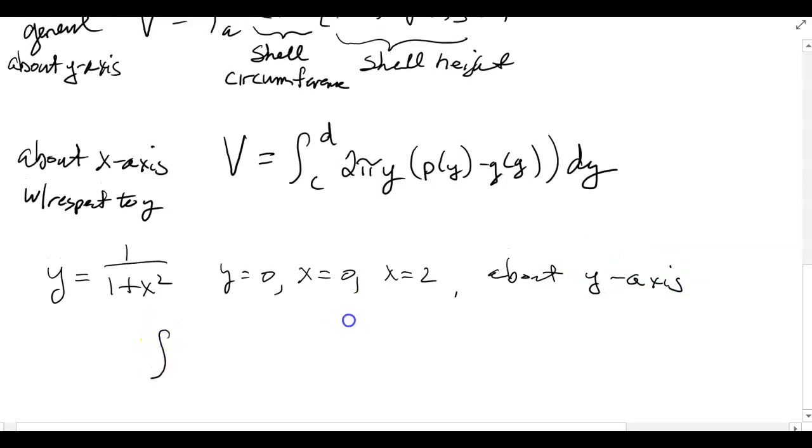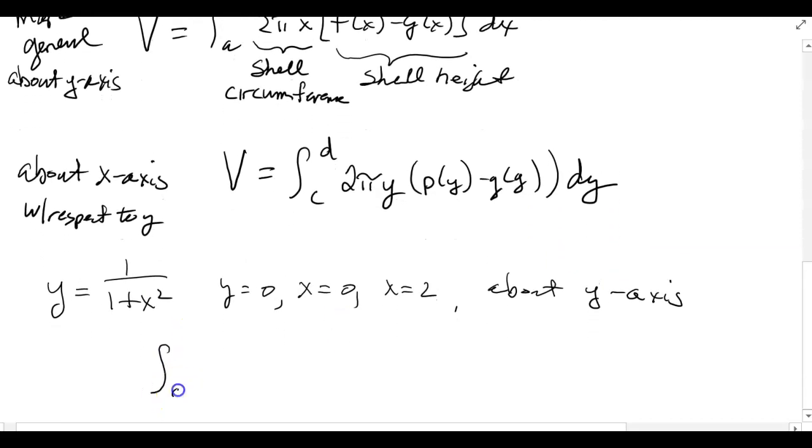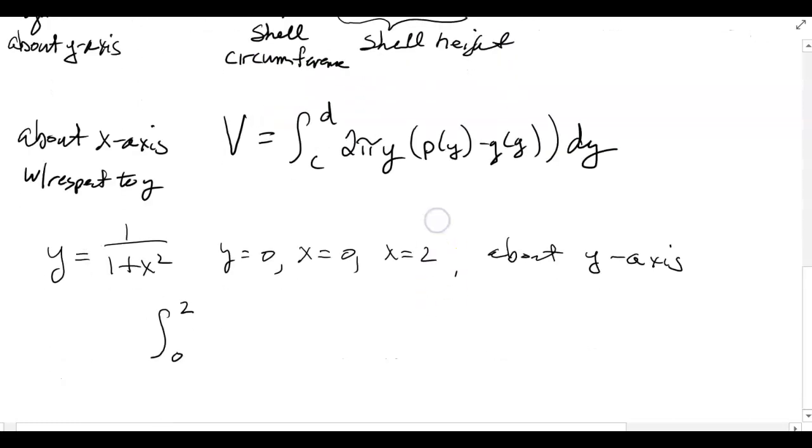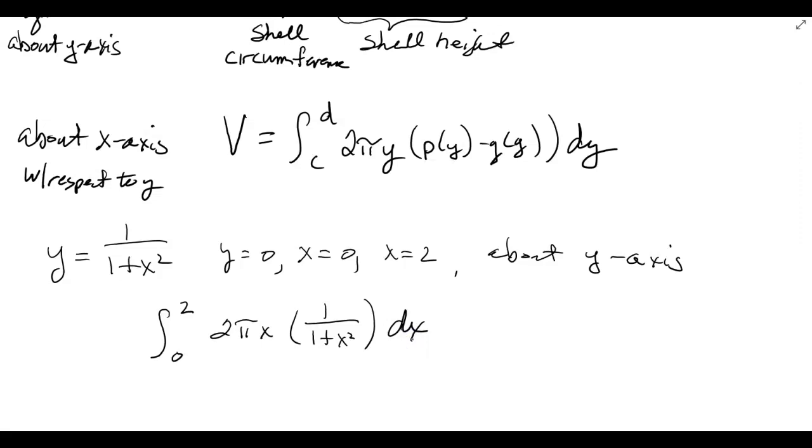So we're going to go a to b on the x, so that's 0 to 2. We're going to go 2 pi x, that's just our circumference, times my function, 1 over 1 plus x squared dx.